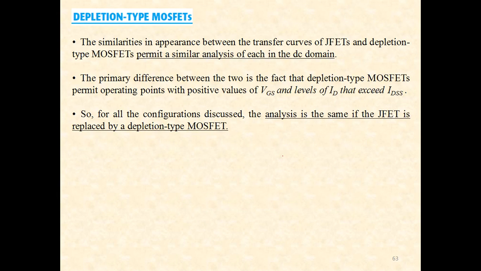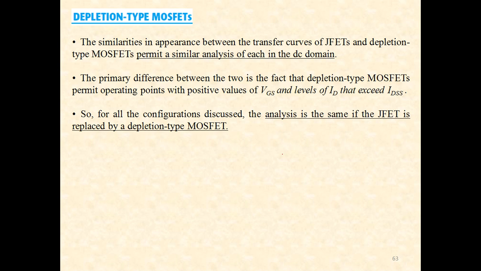All right. So we discussed three important biasing configurations, the DC analysis of those three biasing configurations with respect to the JFETs. Now coming to the depletion type MOSFETs, we can greatly simplify the DC analysis of depletion type MOSFETs if we have thoroughly understood the DC analysis of JFETs itself.